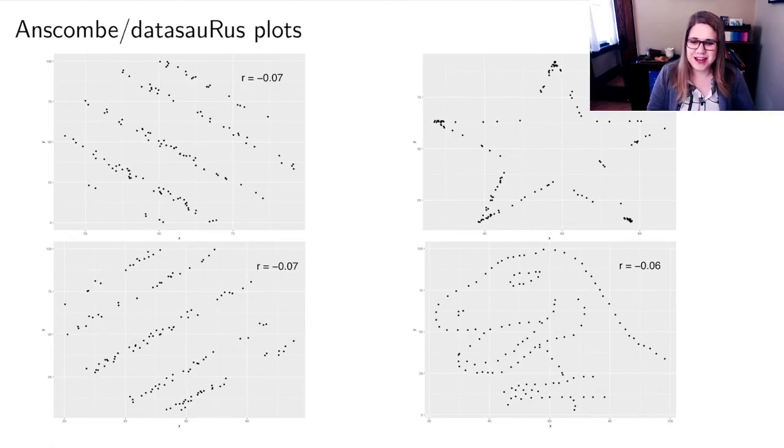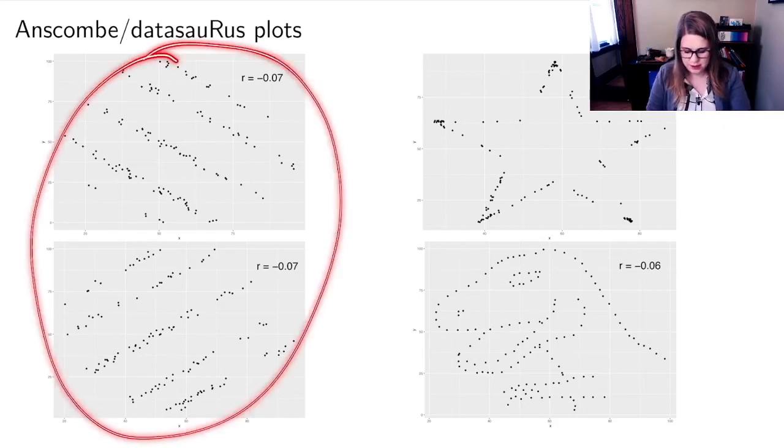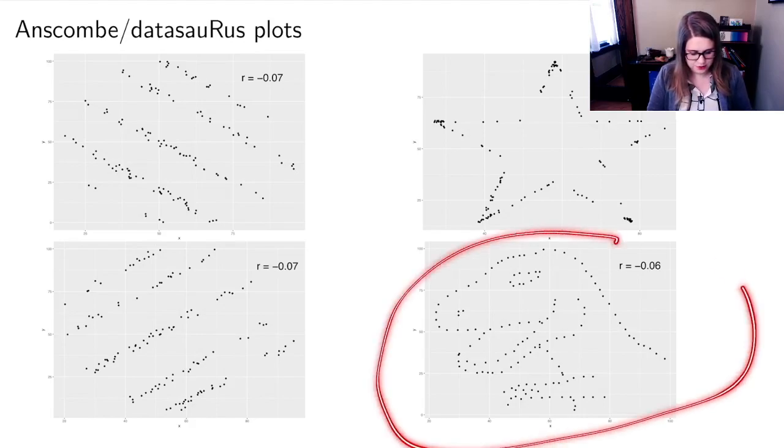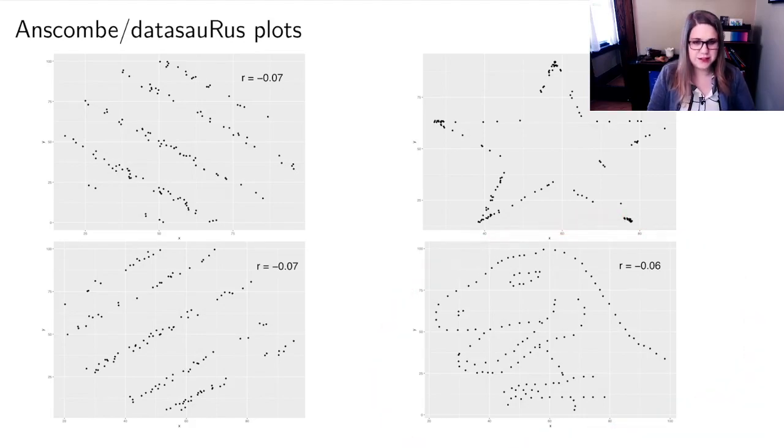There is this set of plots. They used to be called Anscombe's quartet, and they were things like this. But then someone realized that they could make a dinosaur, and so there's a whole set of plots that are called the Datasaurus plots. And the idea of these data sets is to drive home the point that you really need to plot your data.